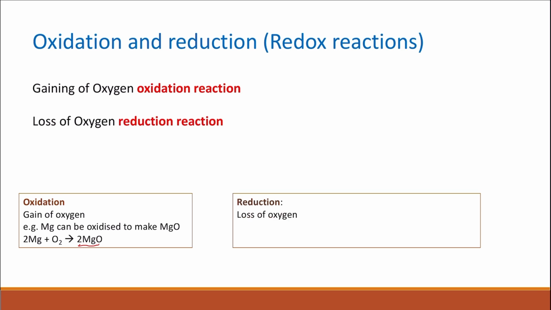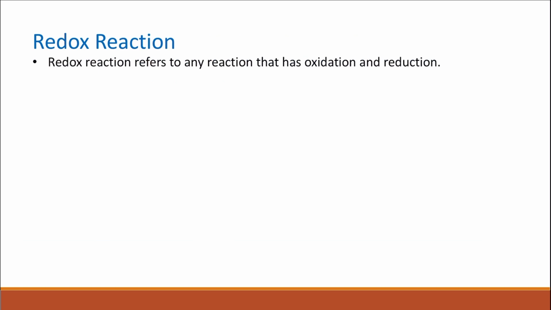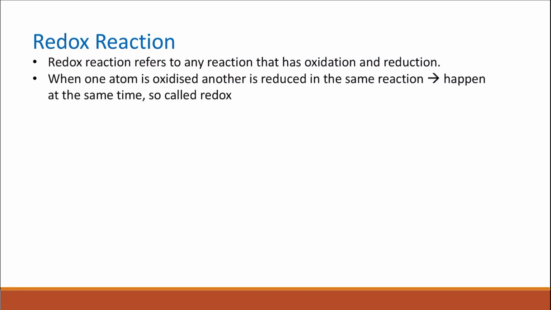An example of reduction and loss of oxygen: if you react copper oxide with carbon, that will give you copper and carbon dioxide. You can see that the copper here lost oxygen to give you the copper metal. So copper has been reduced. This is called reduction. Redox reaction usually refers to any type of reaction that has oxidation and reduction.